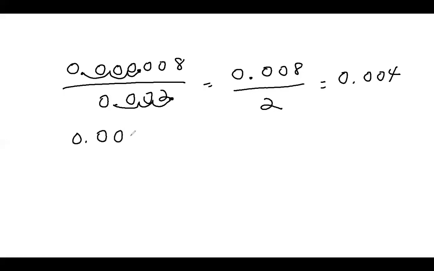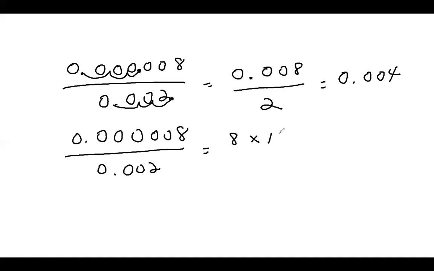We could also do that the exponent way, so we'll do it that way. We'll start with our original problem. Now we're going to put this in scientific notation to get that 8 by itself. So we have 8 times 10 to the 1, 2, 3, 4, 5, 6, so this is times 10 to the negative 6. And then our denominator, in scientific notation, is 2 times 10 to the negative 3. 2 goes into 8 4 times.